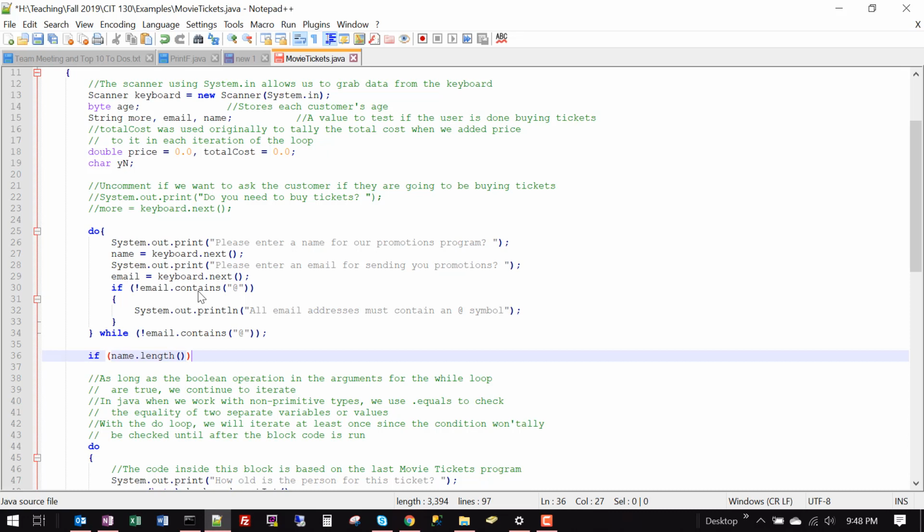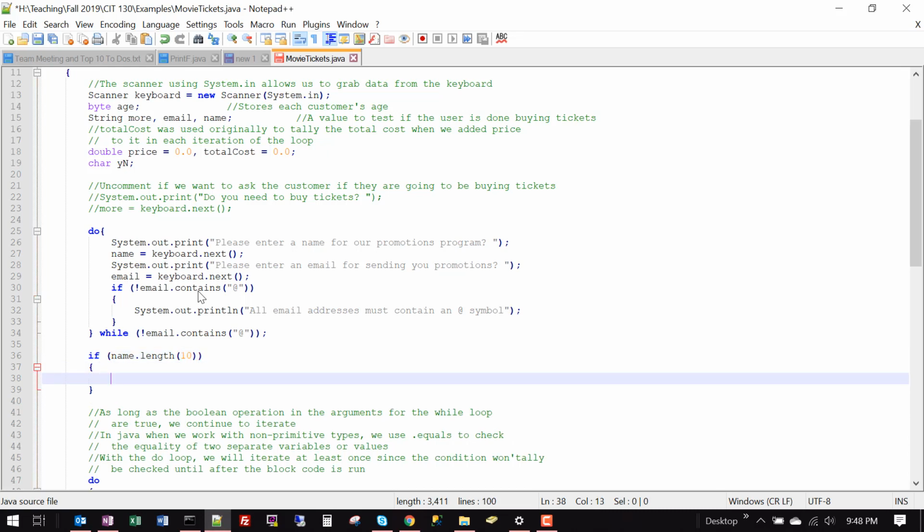Length is another string method that will tell us how many letters are in the name. If name.length is 10, we'll say discount equals 10%, which is 0.1.